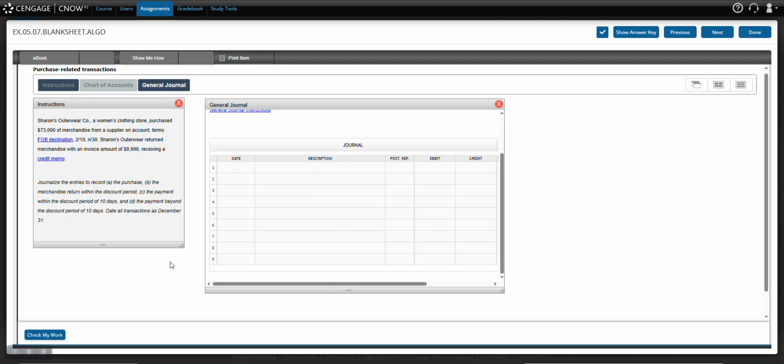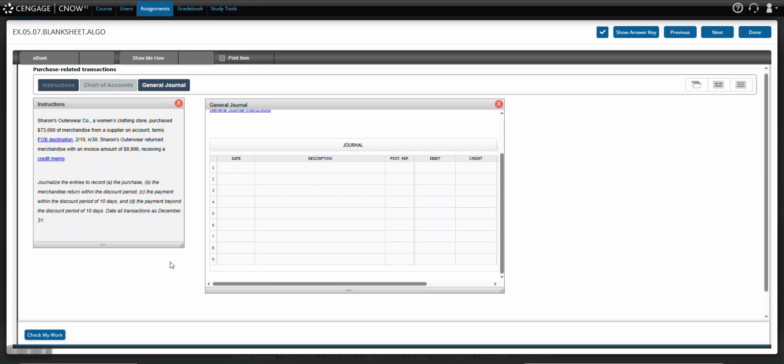In this case, we are the buyer because we're making a purchase. Our shipping terms are FOB destination, so the company we're buying from is shipping it to us for free. And then they're telling us when we have to pay them. Anytime you see any variation of credit terms, it automatically indicates that the purchase was done on account.